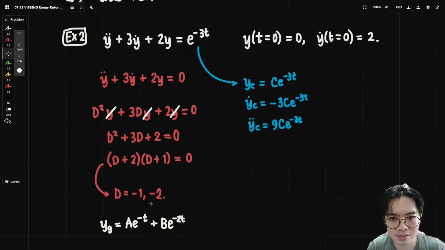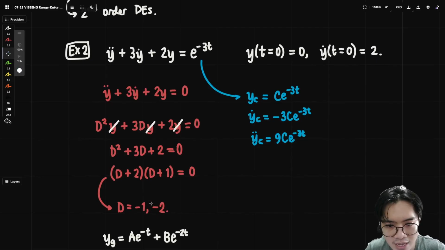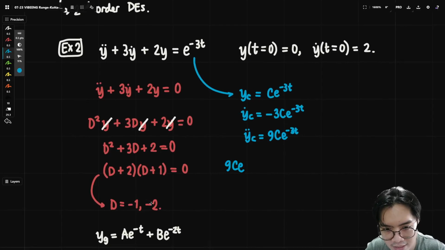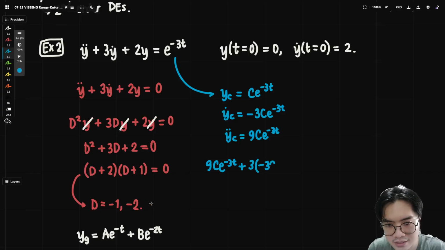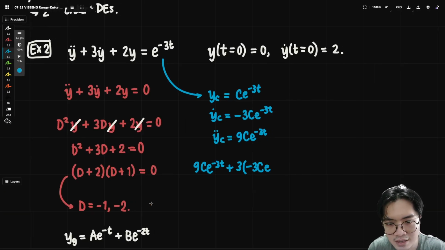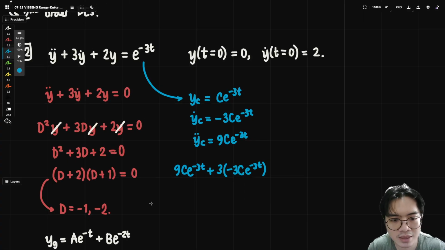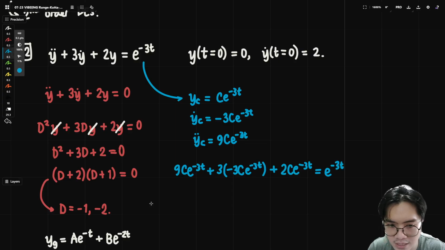Now, what we will do is solve for the value of C. Right? We insert it. We will have 9C e raised to negative 3t, right? Plus 3 times negative 3C e raised to negative 3t. And then plus 2 times y, so 2C e raised to negative 3t is equal to e raised to negative 3t.